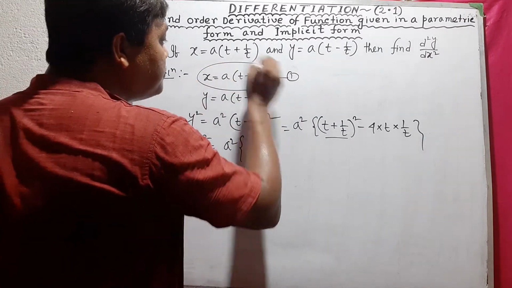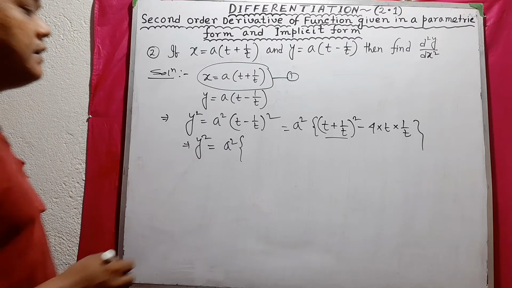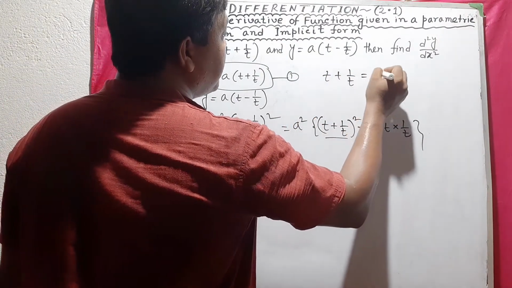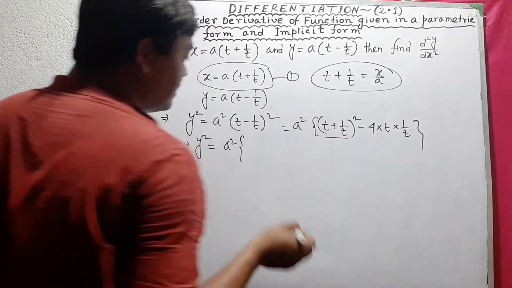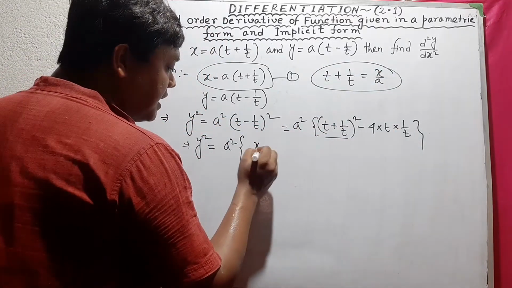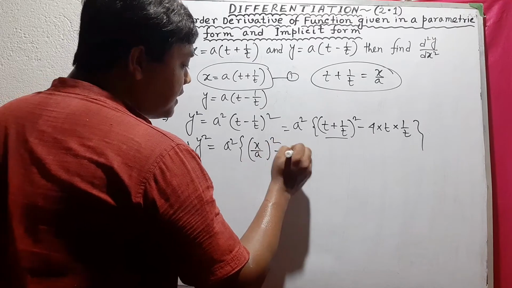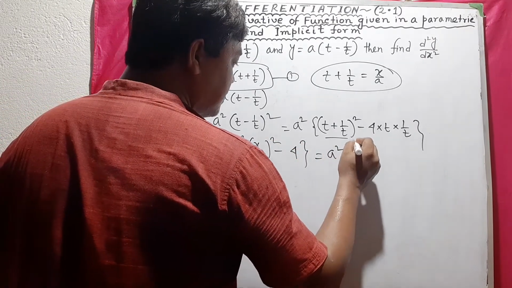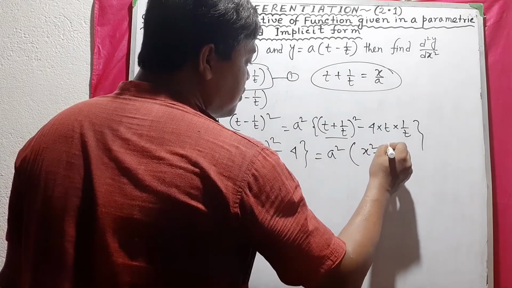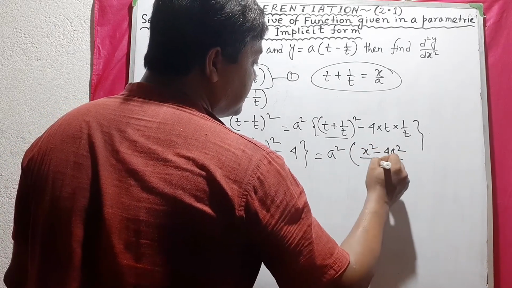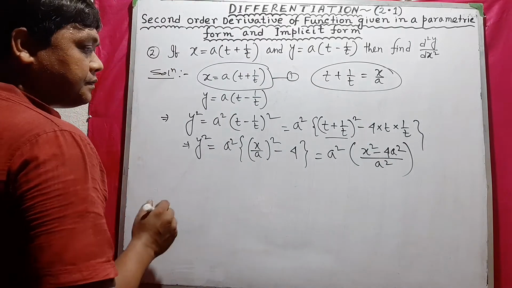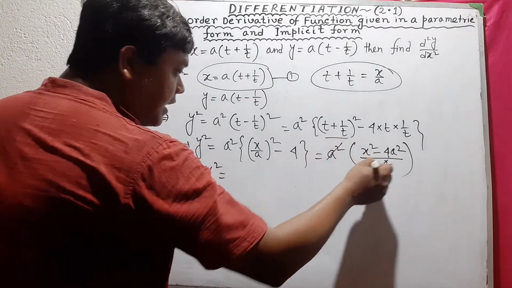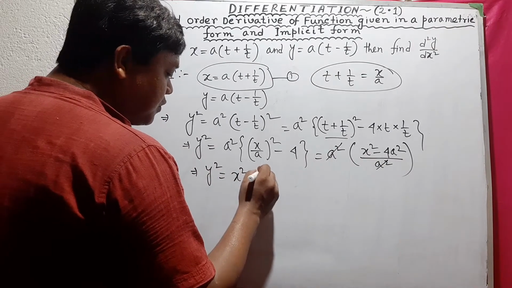So from 1 you see that t plus 1 by t equals x by a. So just put down here x by a whole squared minus 4, so y squared equals x squared minus 4a squared.